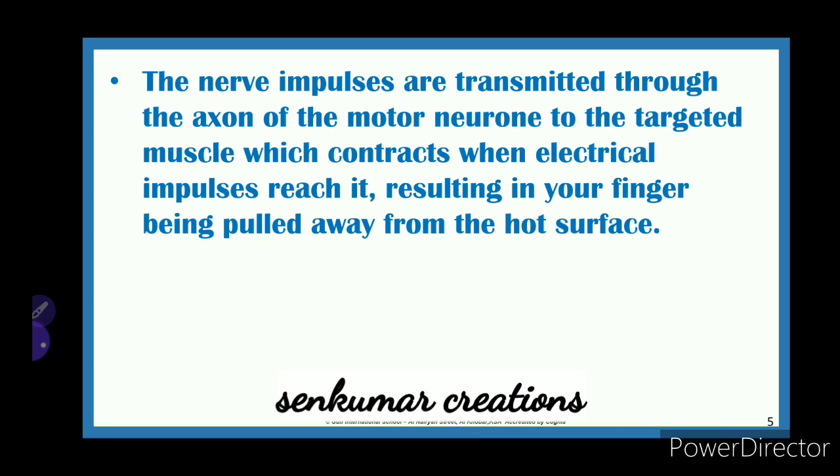And this pathway is called the reflex arc. This pathway is called the reflex arc and happens in about a fraction of a second. It will not take a long time to go from the sensory neuron to the motor neuron, and from the motor neuron to our body, the effector.